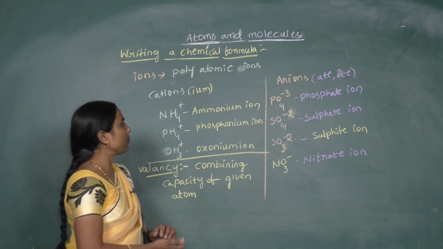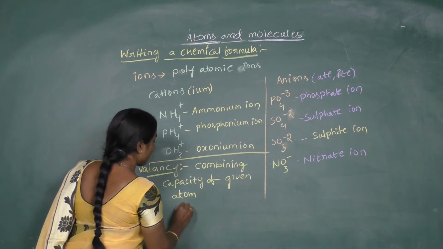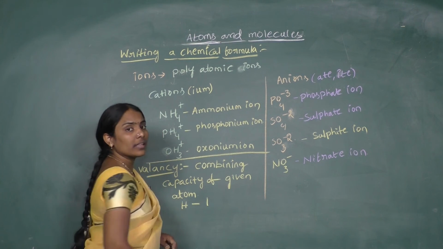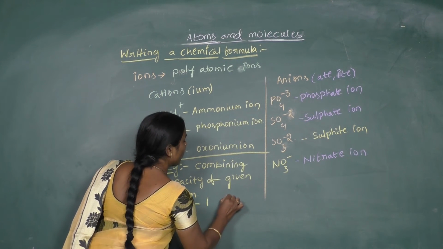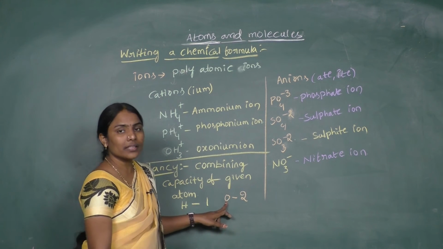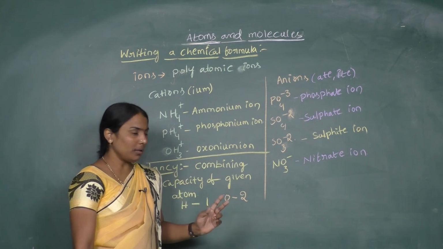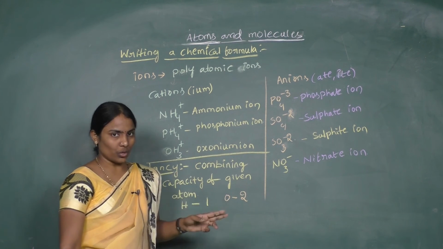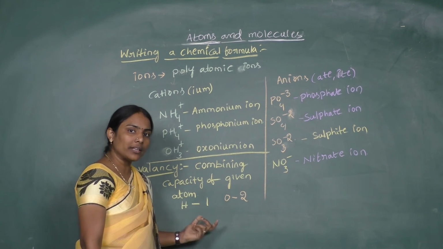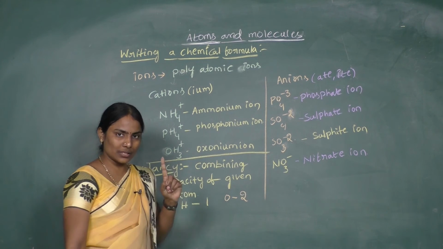For example, if we take the element hydrogen, the combining capacity of hydrogen is 1, and similarly the combining capacity of oxygen is 2. In the sense, oxygen can combine at a time with 2 atoms of any element whose valency is 1. And hydrogen can combine at a time with 1 atom of any element whose valency is 1.